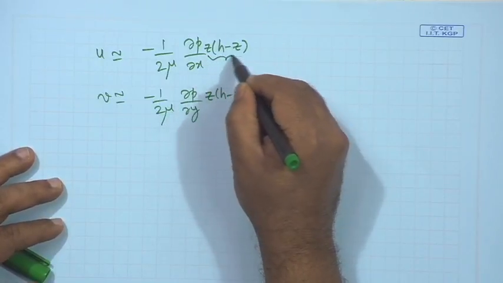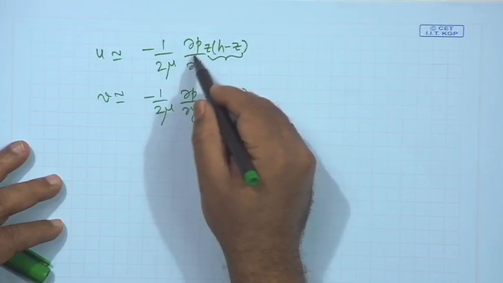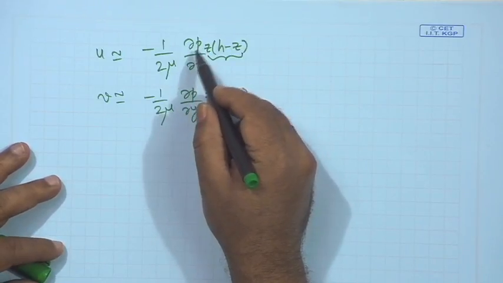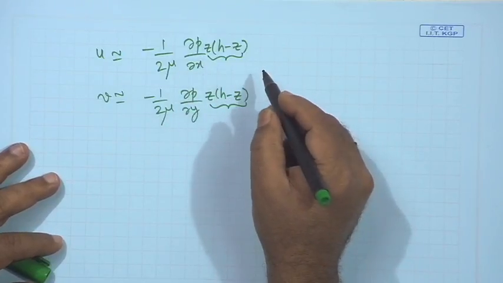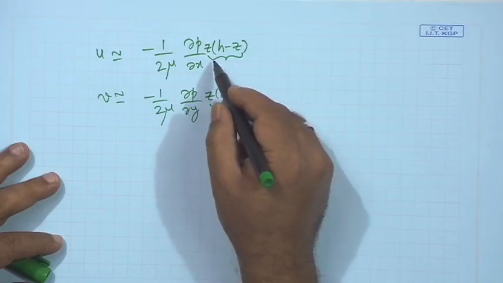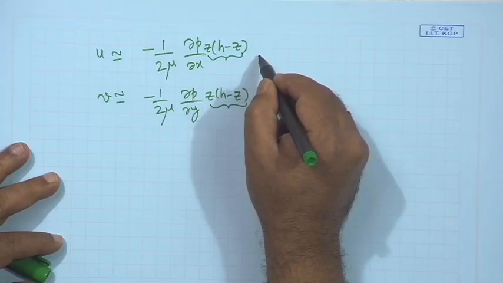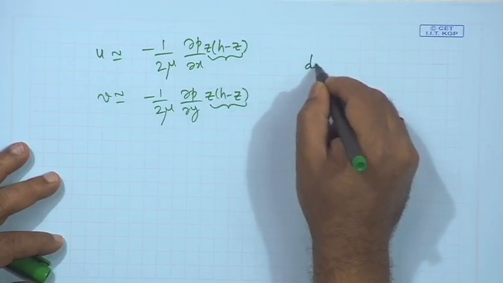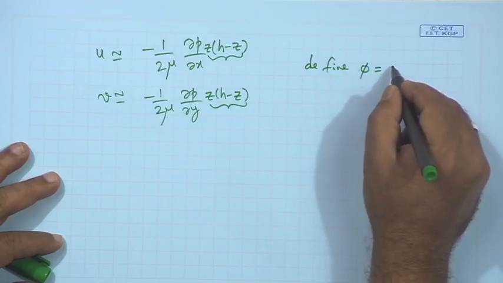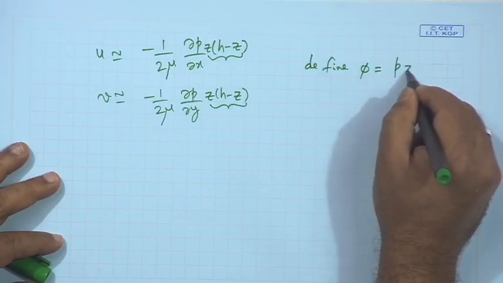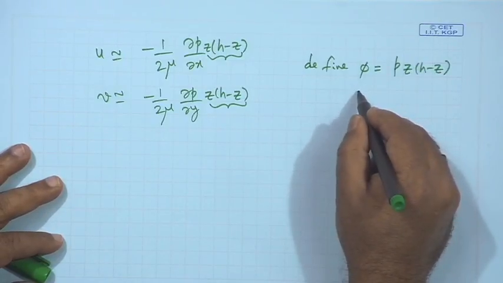This is a function of z, and this quantity is independent of z, since dou p dou z is 0. So, p is independent of z. This is common, so we can introduce, say, define some phi which is p.